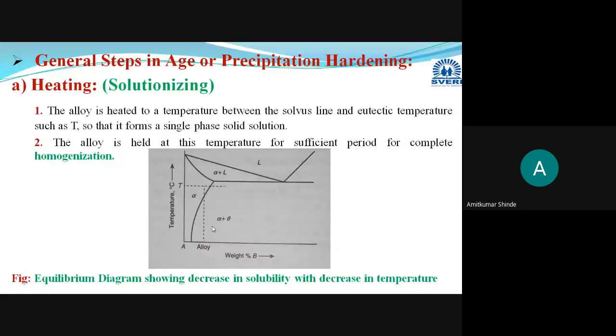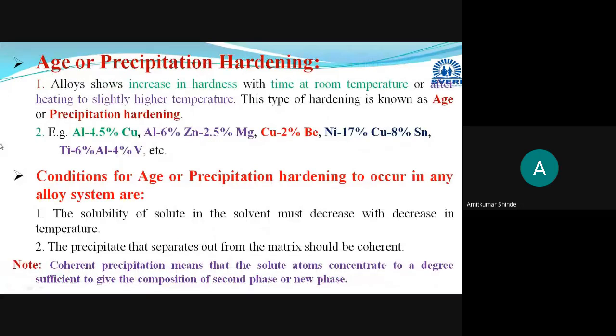Why I am saying it may show is because it has to satisfy two conditions. This is the first condition: the solubility of the solute in the solvent must decrease with decrease in temperature, or must increase with increase in temperature. If it satisfies the first, there is a probability that the alloy will show the age hardening process.